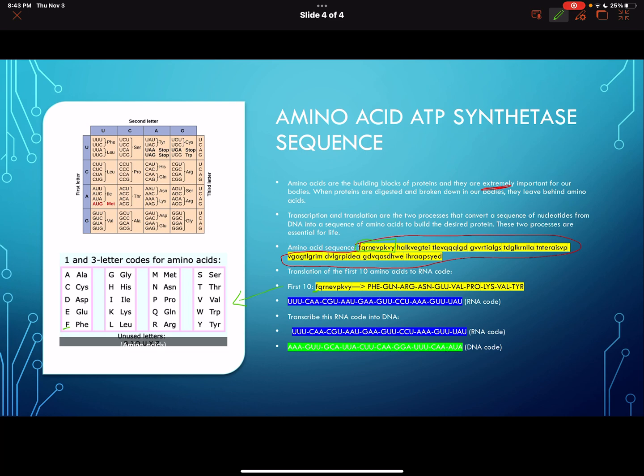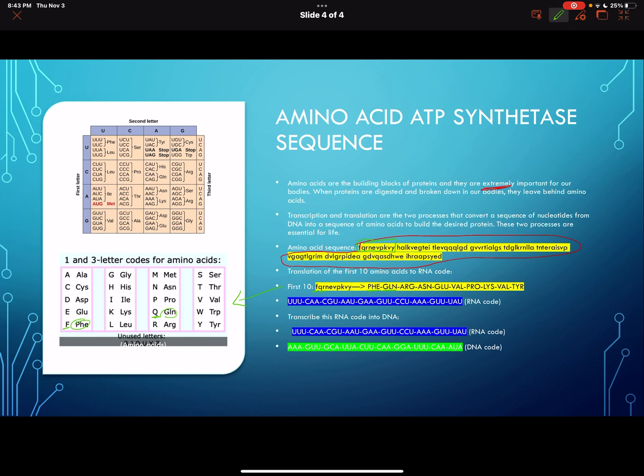So F is here, so it will be Phe, and I have Phe right here. Now we want to do the next letter, which is Q, and Q is right here, which is Gln, and we have Gln right here. And we want to keep doing that until we have all 10 completed.